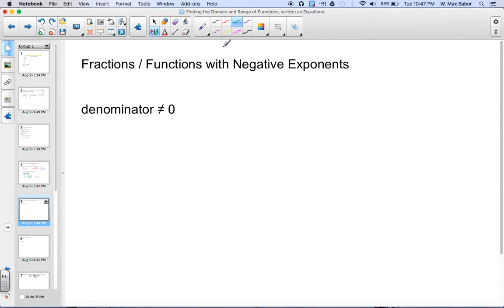For a rational function, we can't divide by 0, so we have to set the denominator not equal to 0. And a rational function is the same thing as a function with a negative exponent. So if I say something like this, I can rewrite it as that.